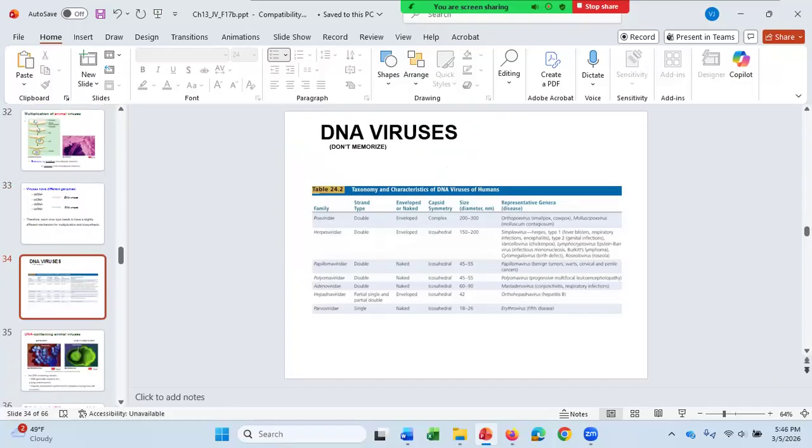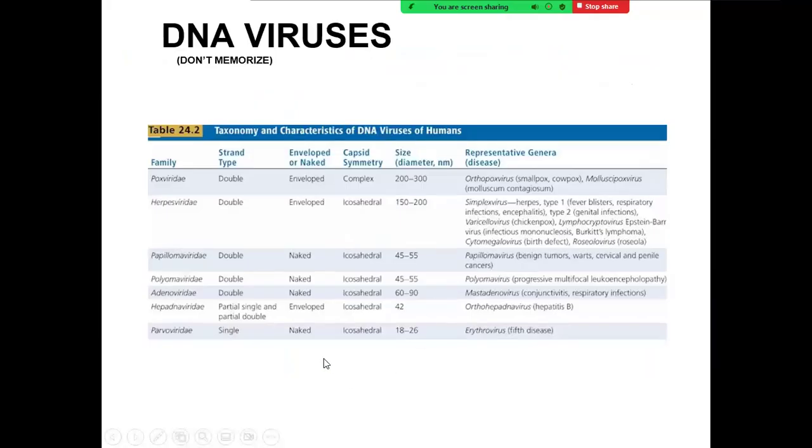Don't memorize the different families of viruses which cause human disease, but there are 7 families of DNA viruses that cause disease. Let me blow that up. Like I said, you don't need to know about them. We will talk a little bit about poxviridae, the pox viruses like smallpox, and herpesviridae.